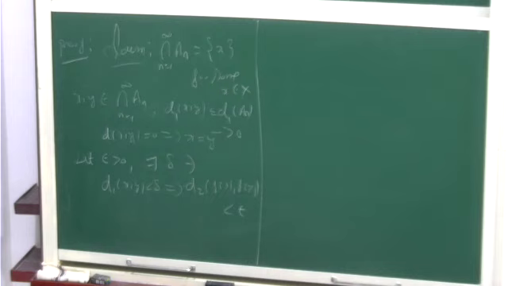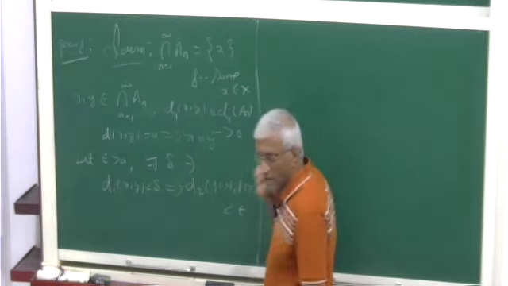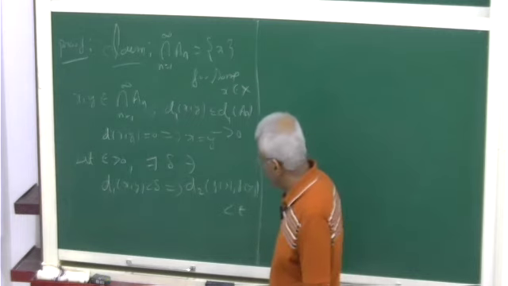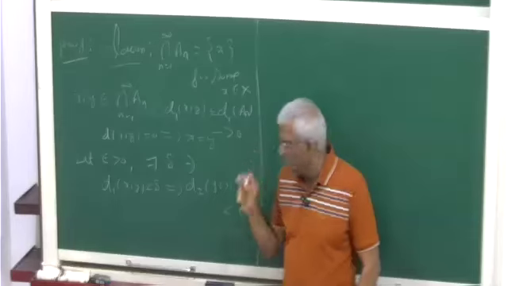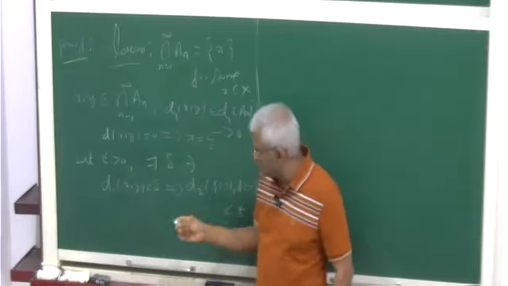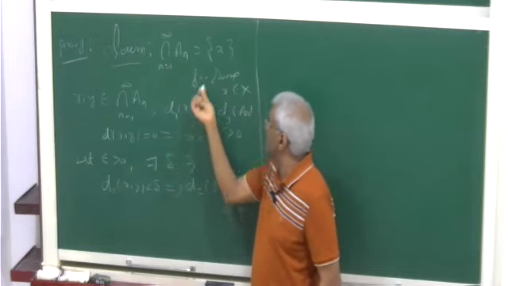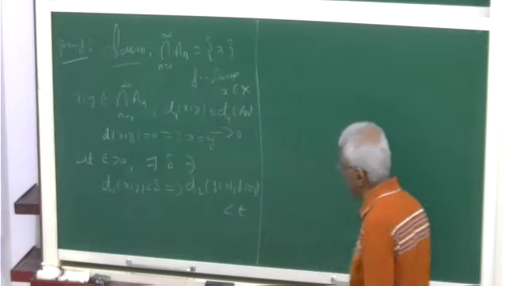This is for this x. Fix an epsilon. X is fixed already. It is for this x.